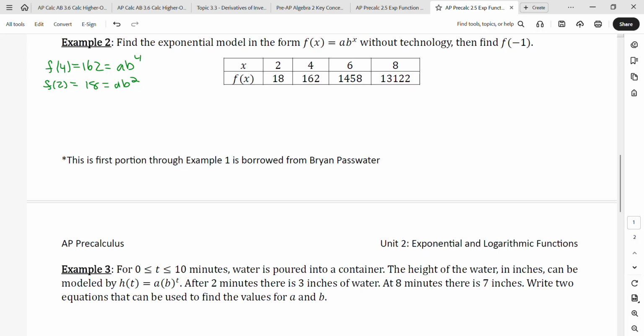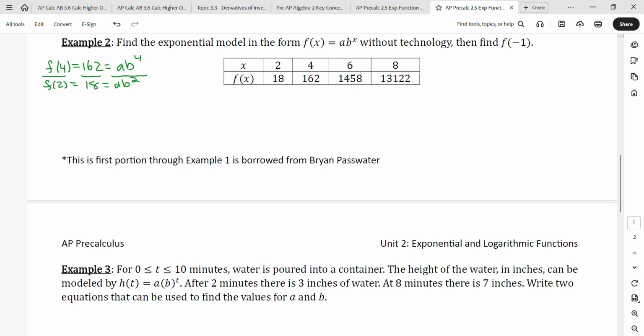These are proportional, right? Because they're proportional, we can think about the ratios between one term and a term down the line.